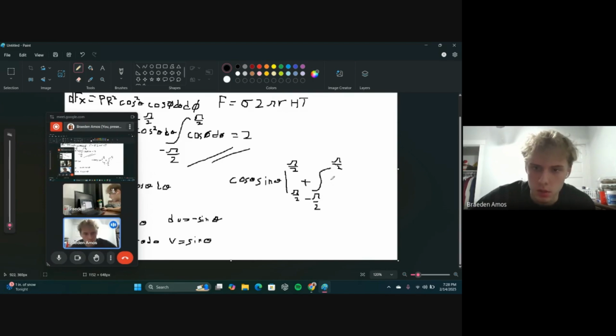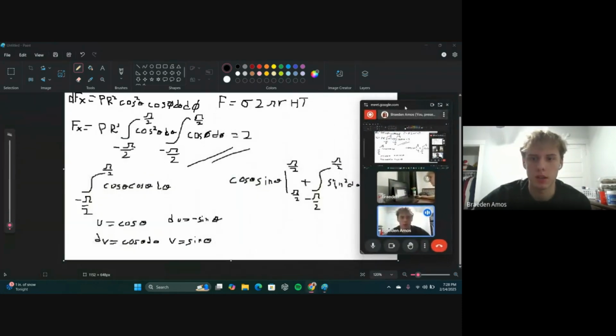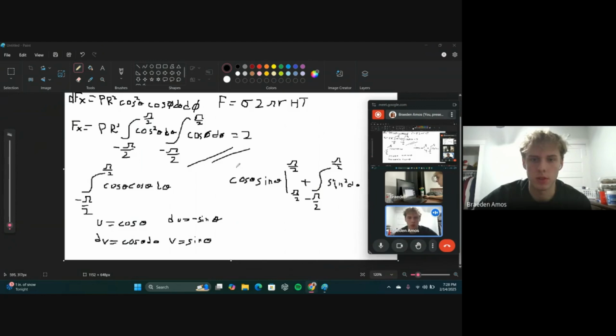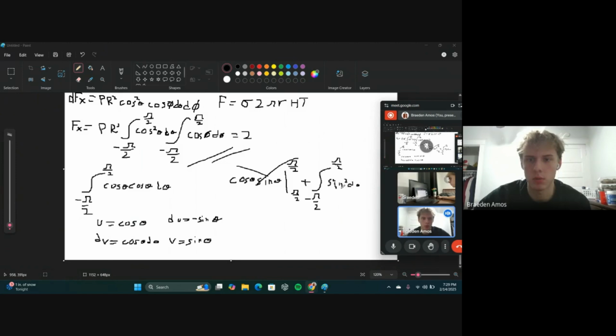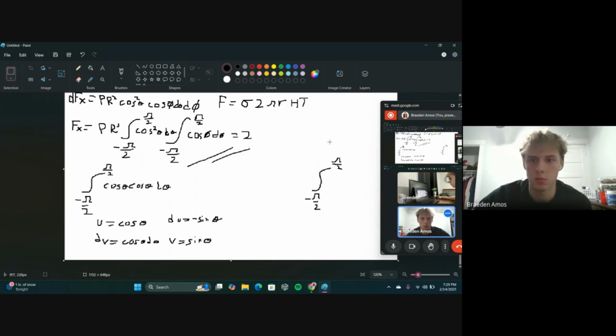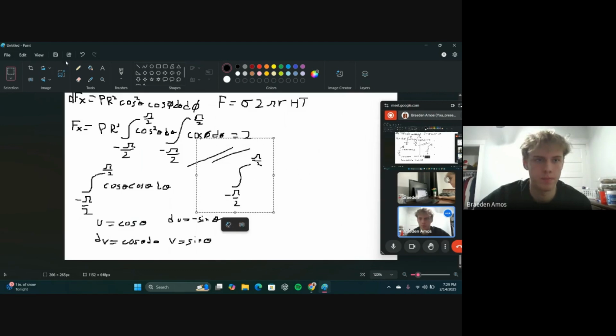This should just be sine squared. So we can evaluate this one because this one will just come out to 0, so we can get rid of this. But this one, we're going to have to rewrite, so I'm going to erase part of it and move this over here.